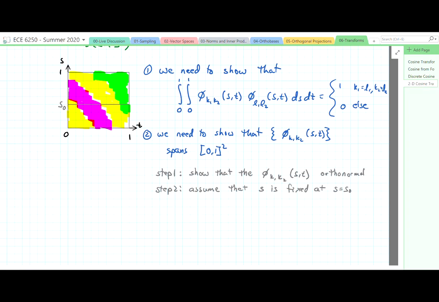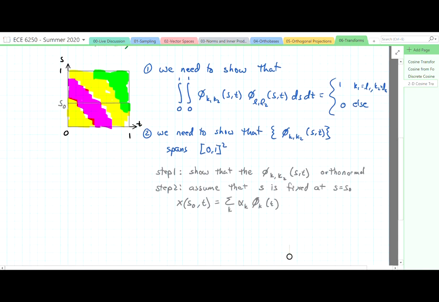So if we're looking at x, our 2D function, then we can see that this is only a function of t. And we already know, since we have an orthobasis, that we can do that. Now, if I go too much further, I'm going to tell the whole thing.